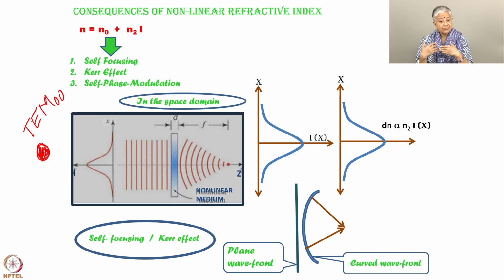So the refractive index has changed spatially, and on this slide I have spoken of only the spatial domain. Kerr effect and change in refractive index are the same thing. Now, in my next slide, I will speak about the temporal domain.